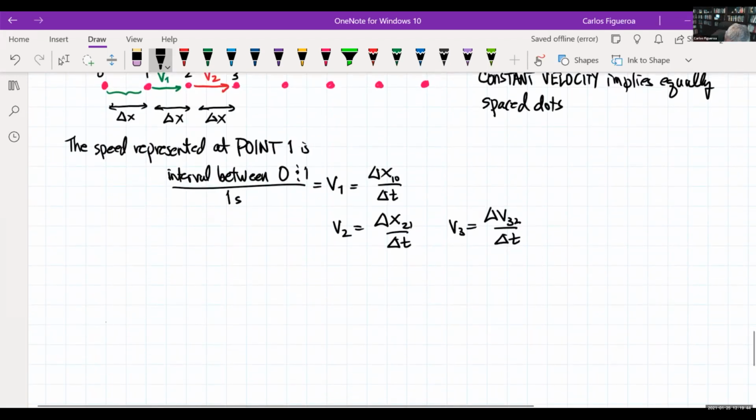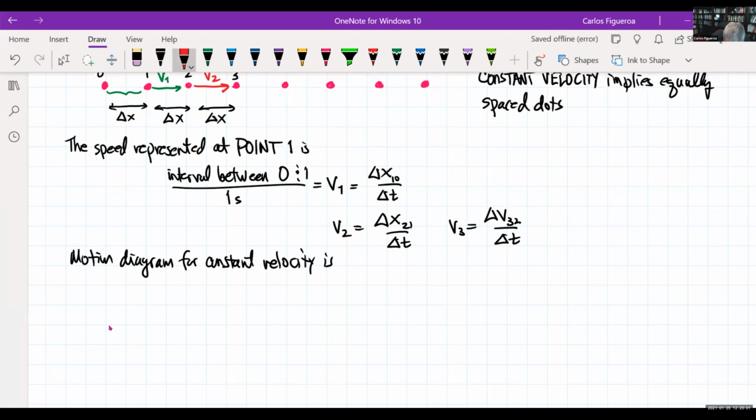But if I just draw the picture, the motion diagram for constant velocity is something like this. I have my dots, and they're equally spaced dots.